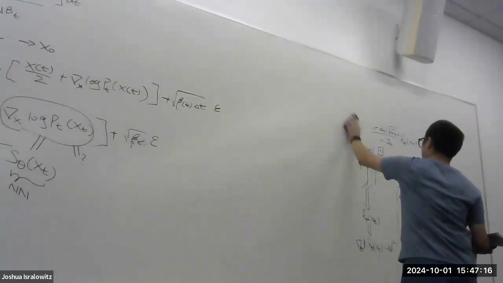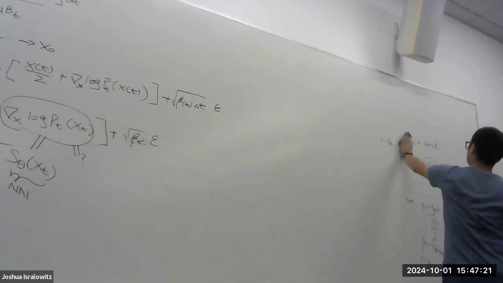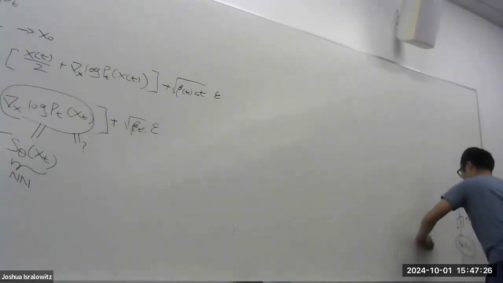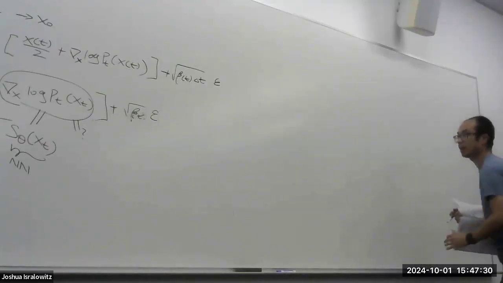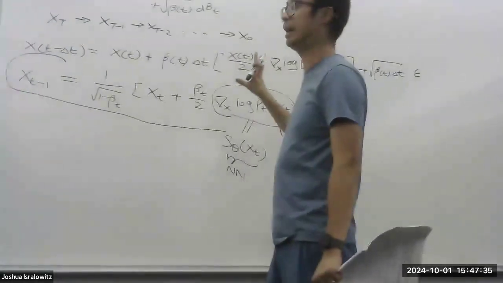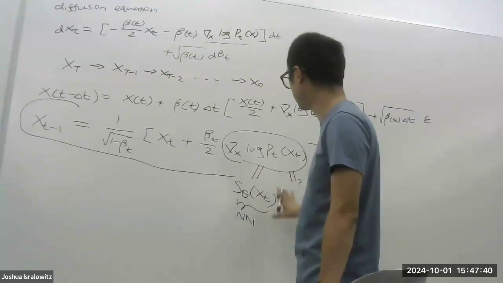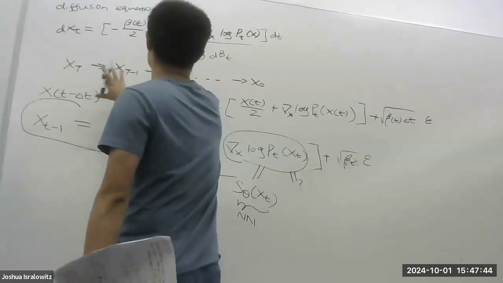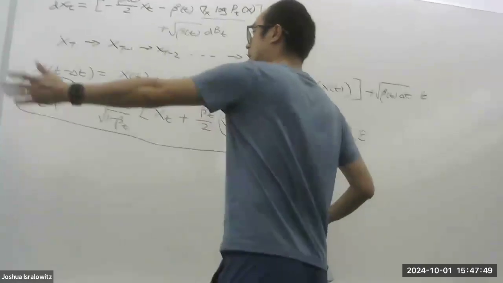I will just briefly mention a little bit in today's lecture, and in the next lecture we are going to finish it. I hope this gives you enough motivation. If we can approximate this term by a neural network, then we can go back from xT to x0. Very easy.